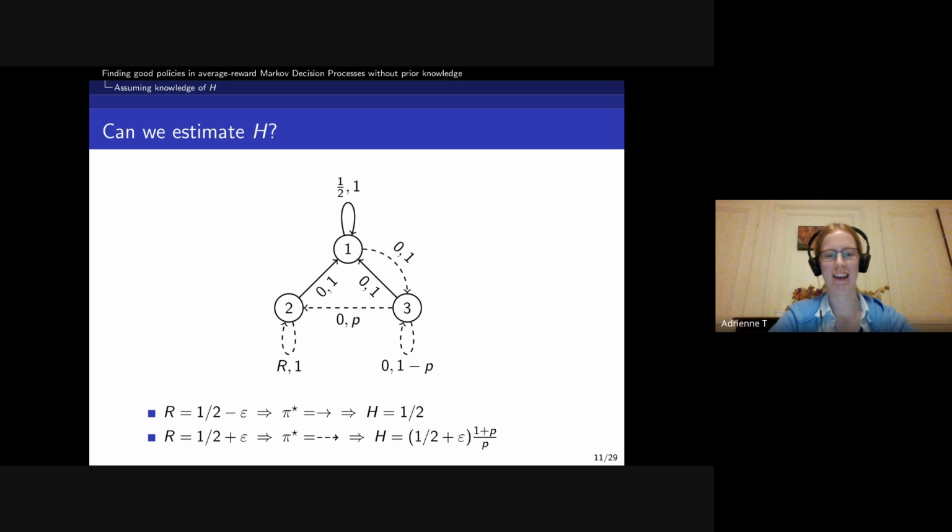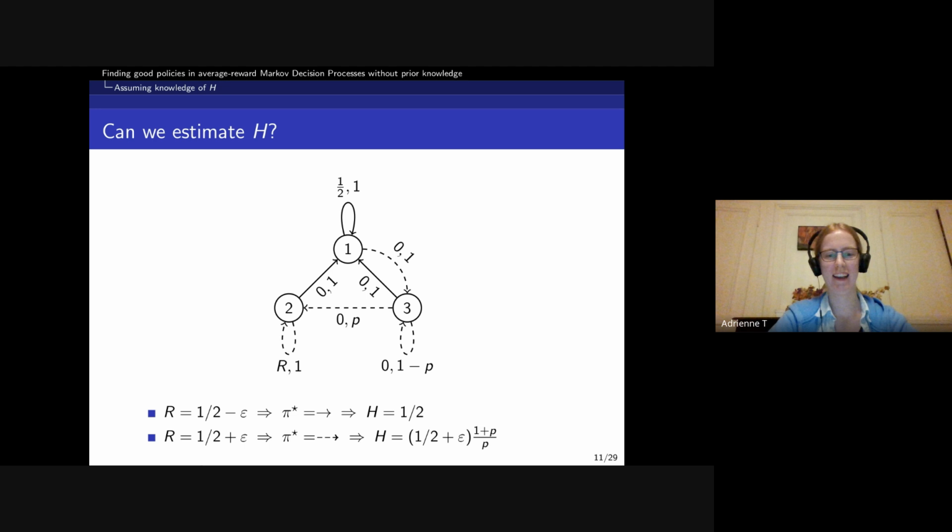In that case, if you're in state 2 or 3, you're not really that sad, because you just need to take 1 step and you are in your high reward state, which means that the optimal bias span is very small. Actually, it's only 1/2. And that's only if R is a bit smaller than 1/2.